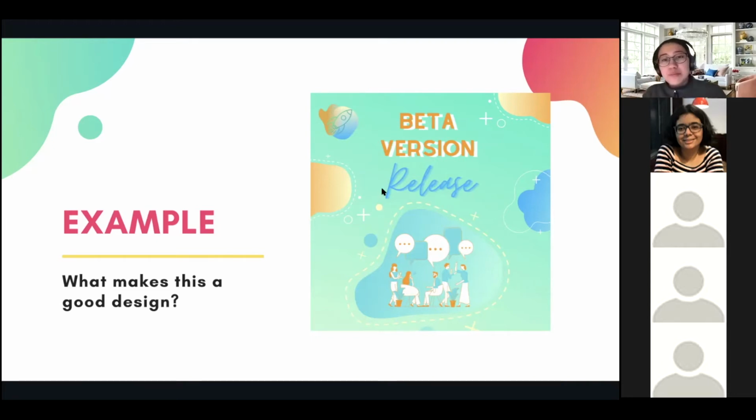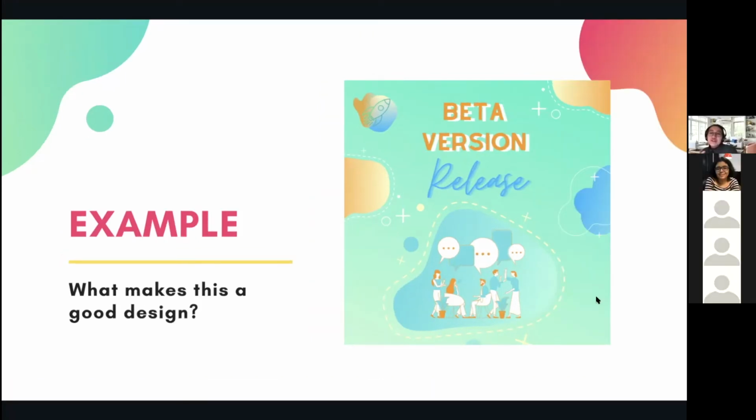And the graphics do also add to it, but even though the graphics are in the background, they draw the user's eye in. And since the graphics are surrounding the most important part of the information, the user's eye is also drawn to that information. And the colors have a very pleasing balance.